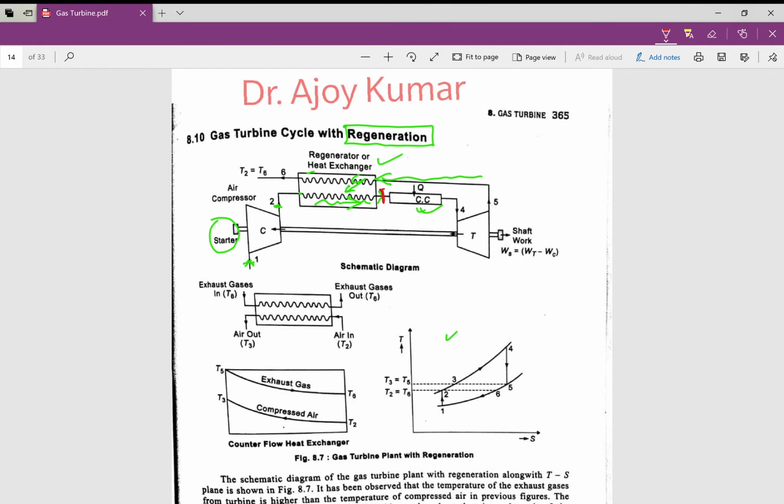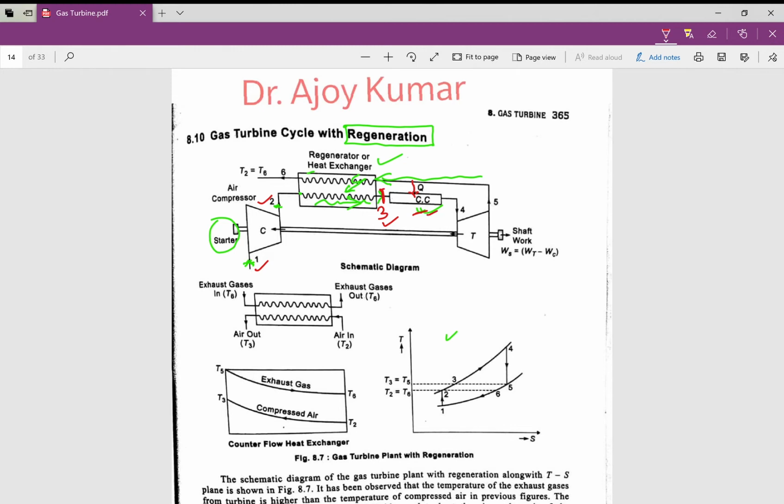This point is 3. So 1, 2, 3, and then when this hot air enters the combustion chamber, we supply fuel to it, and the moment fuel is supplied to this hot air, it starts burning and high pressure is created in the combustion chamber.